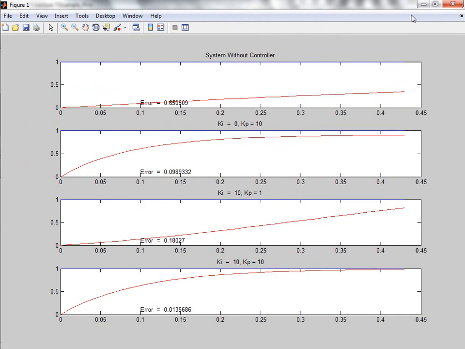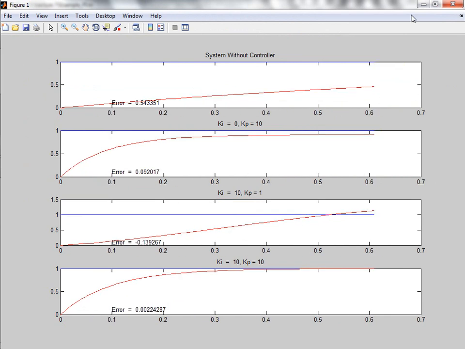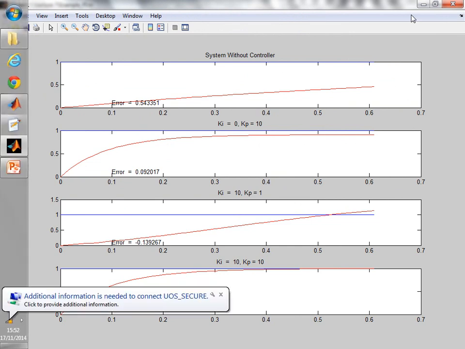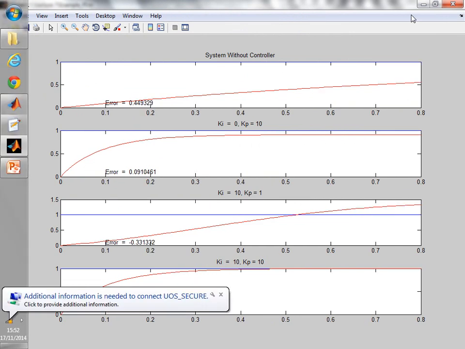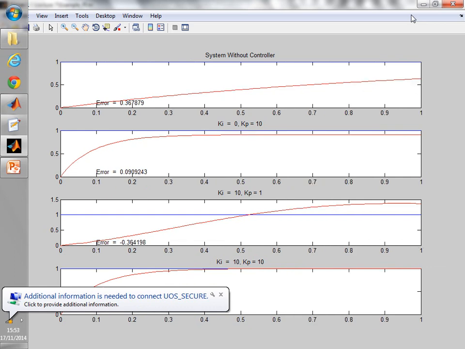Okay, it's too slow. I have a step input. What's the reason it's too slow?